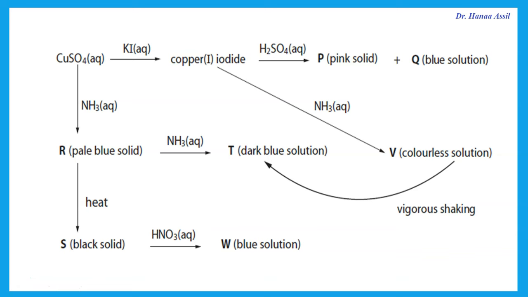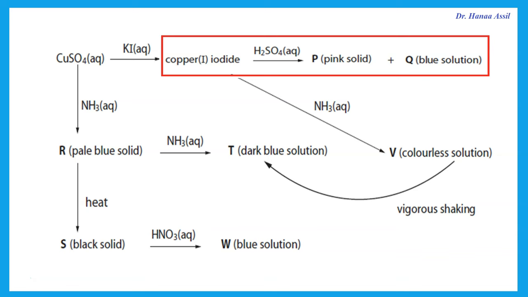So the first question here is what is P and what is Q? We are told that copper 1 iodide reacts with sulfuric acid to give P, which is a pink solid, and Q, which is a blue solution. So first of all, we're talking about copper compounds, and we did something to the copper 1 to get a pink solid.